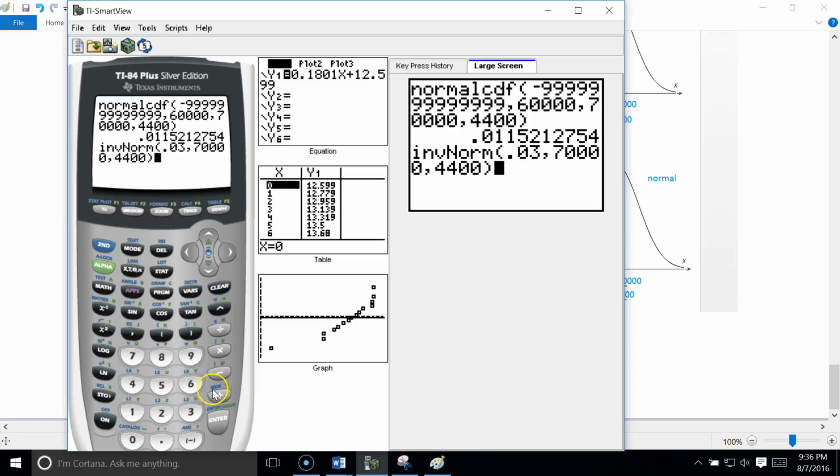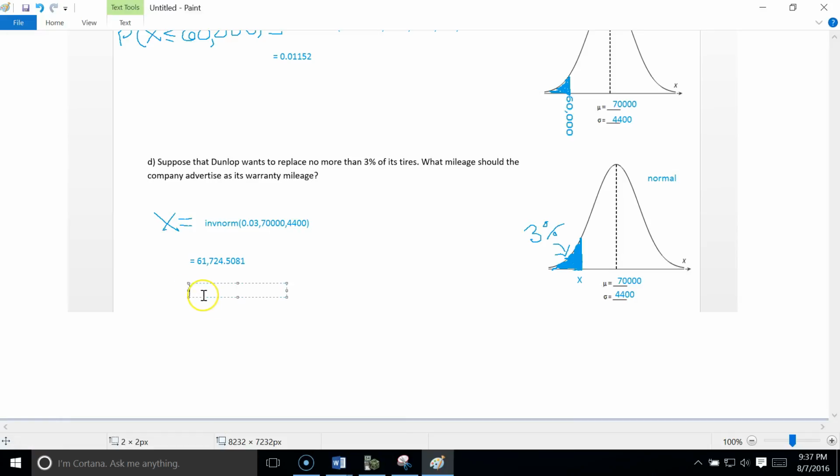Close parentheses, and we get 61,724. Okay, and so we can approximate that to the nearest mile up, 61,725. So if they set their warranty at 61,725 miles, they're guaranteed that no more than 3% of their tires manufactured will fall under the warranty and require replacement.